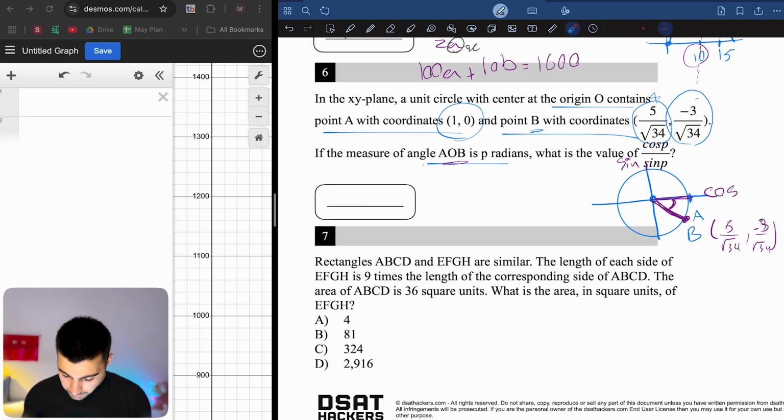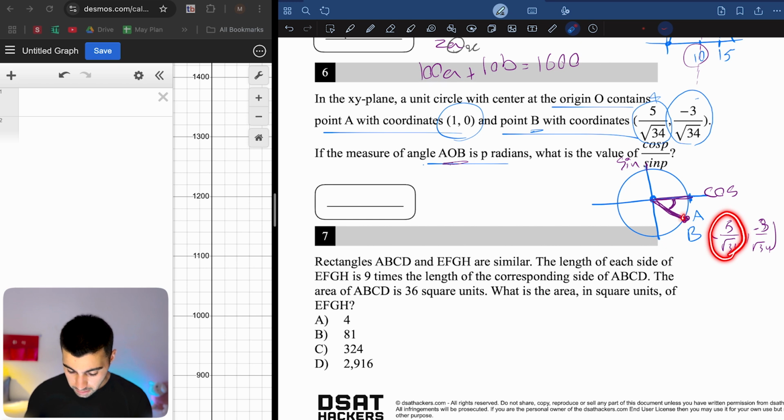So the x-coordinate of this point, 5 over root 34, means the cosine of this angle is 5 over root 34. Actually this angle, but it doesn't matter in this question, because in unit circles we go counterclockwise. In the same way, the y-coordinate of this point shows me the sine of this angle. Interesting, right?